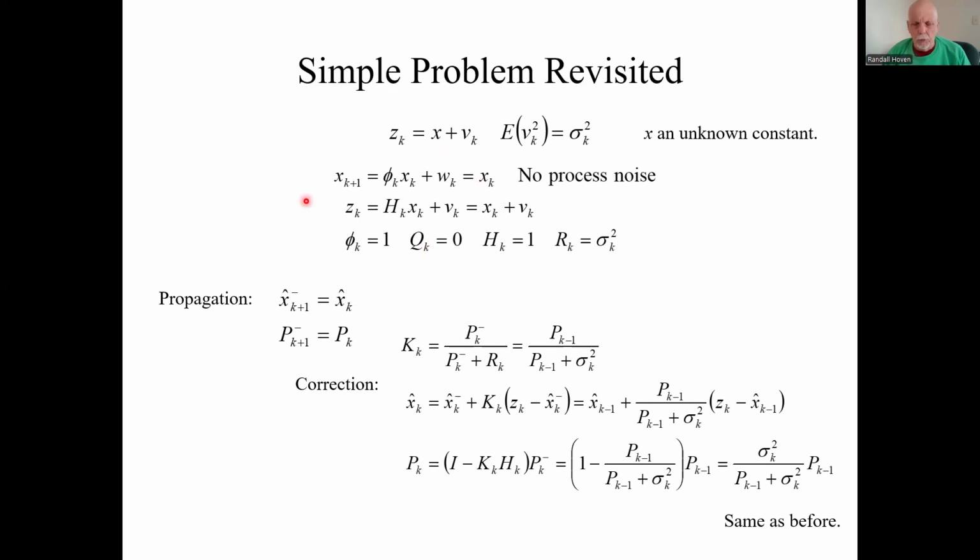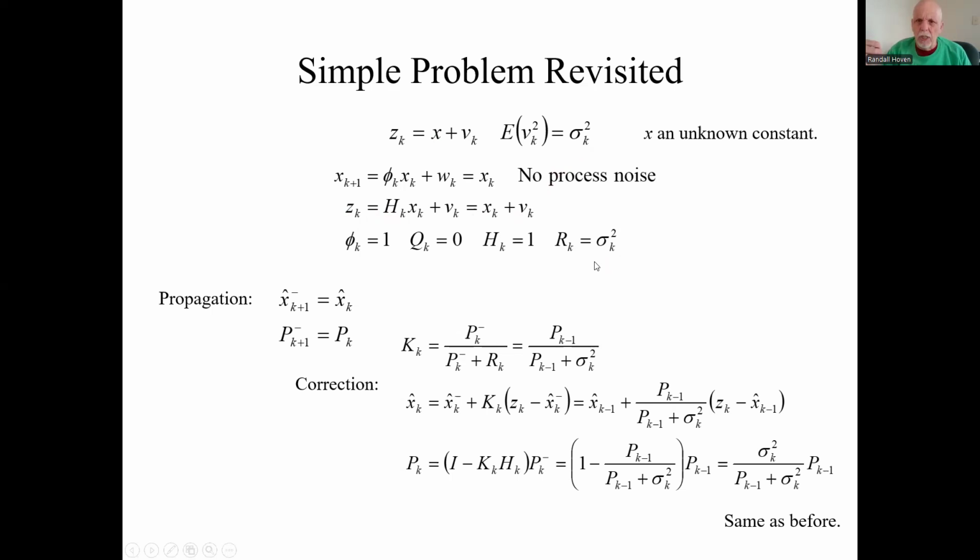So what we're doing is first we've got to set up the system model to match the Kalman filter system model. And how is the z? The z just measures the x, so h is also 1. And the v, the noise, we know its variance, so we know the R of our Kalman filter.